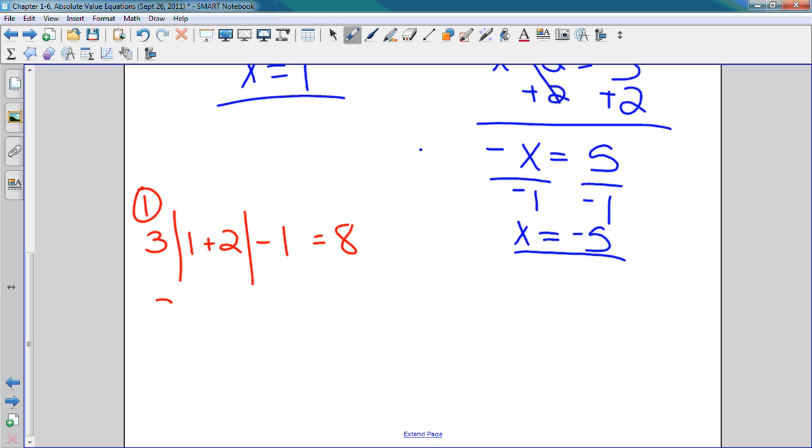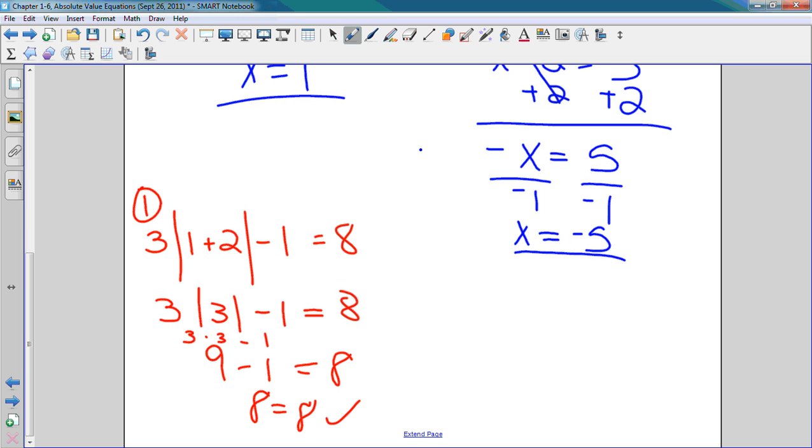Yeah. So I have 3 times the absolute value of 3 minus 1 equals 8, which is 3 times the absolute value of 3 is 9. This 3 is going to be positive. Then I have 9 minus 1 equals 8, which is 8 equals 8. So does the first one work? Yep.